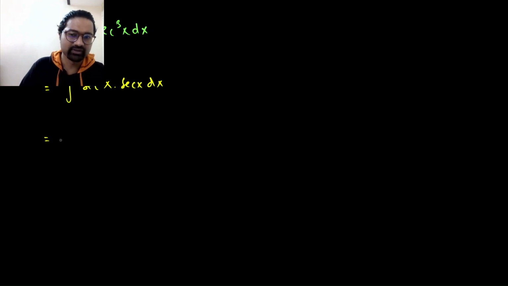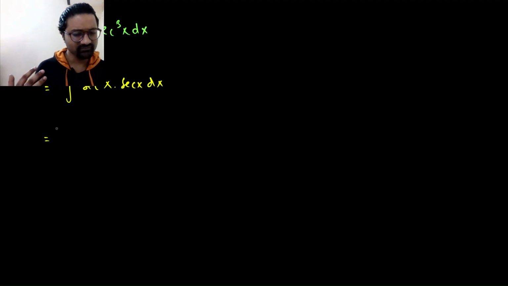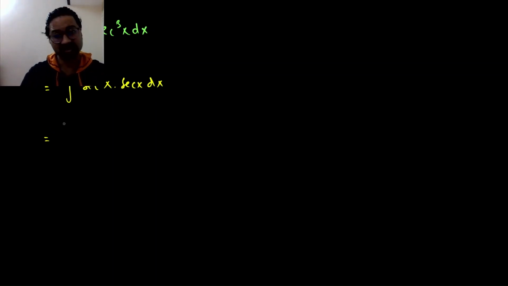And since they are not of different categories, we can no longer apply the ILATE rule, right? Because the ILATE rule is applicable when the functions are of different categories, and we can easily find f(x) and g'(x), but here we cannot do that. So we have to apply a little bit of intuition over here, as to which should be f(x) and which should be g'(x).